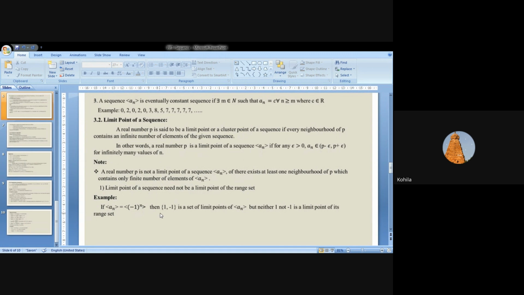All the even places we have positive 1 and all the odd places we have minus 1. So 1 and minus 1 are the limit points. But at the same time, neither 1 nor minus 1 is a limit point of its range set. The sequence has a limit point, but the range set does not have a limit point.